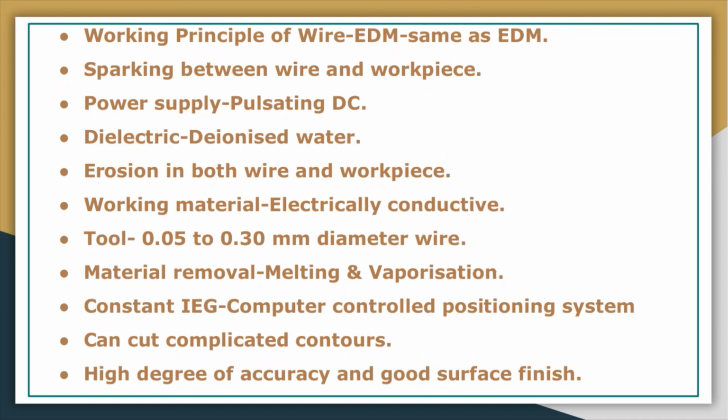That is the basic material removal action. It is the same concept as the EDM process, and a constant inter-electrode gap you have to maintain by using the computer controlled position system. That is a very important point.